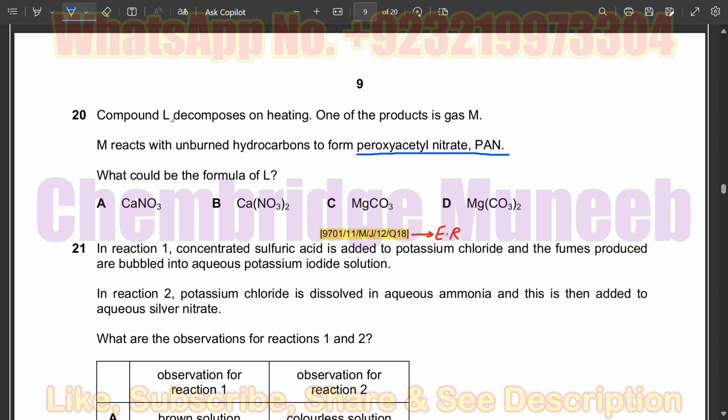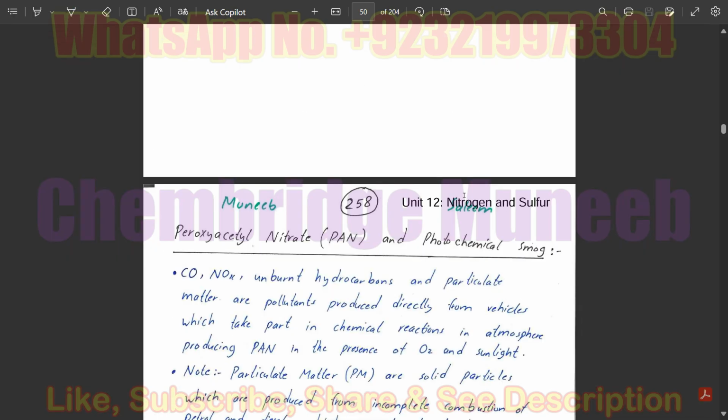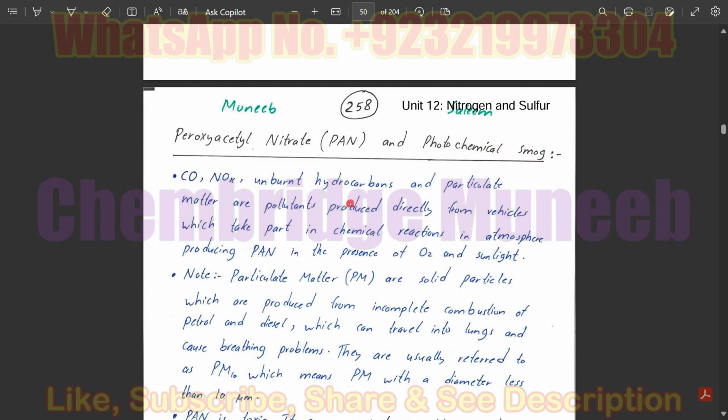But what we can see is that L is decomposing to give product gas M, and that M reacts with the unburned hydrocarbons, that is CxHy. So which gas is reacting with this CxHy to make the PAN, and we do not know what the PAN's formula is. For this purpose, I have to go to my notes. Okay, this is the page from my notes.